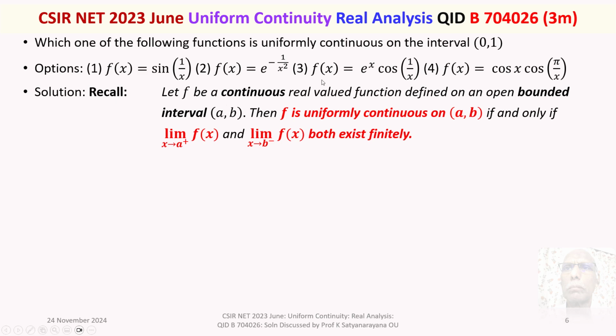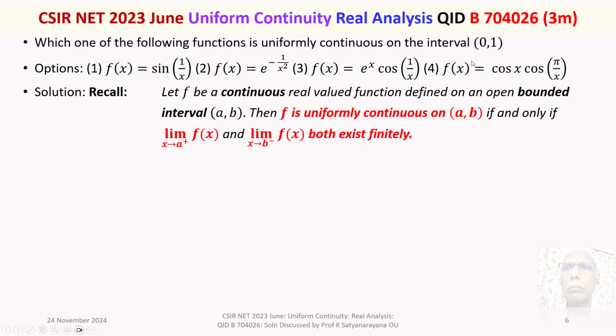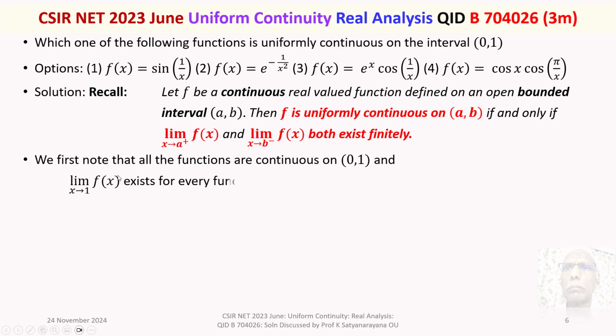They are all real valued functions defined on the open interval (0, 1), and they are all continuous. So we first note that all the functions are continuous on the open interval (0, 1), which is bounded, and the limit as x tends to 1 of f(x) exists for every function f(x).